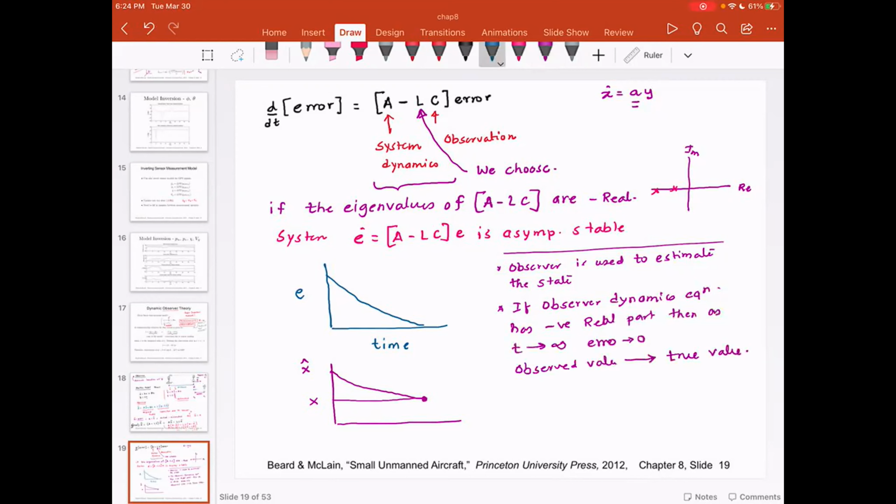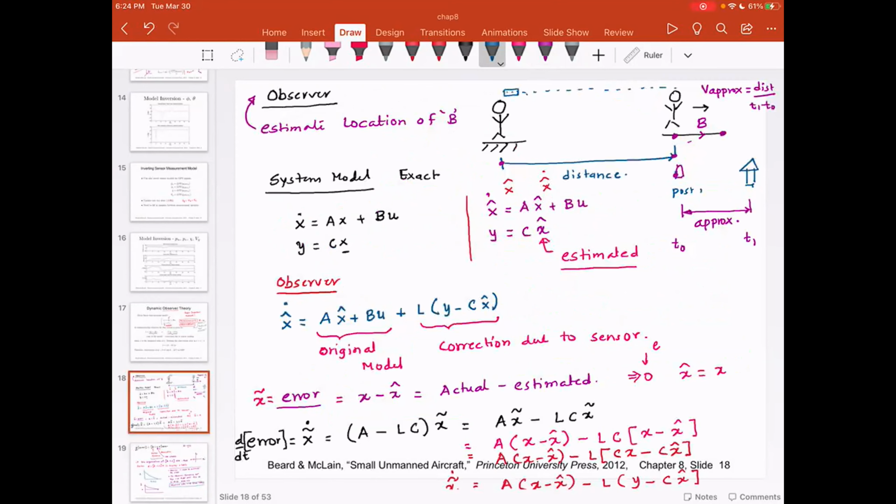And this is the fundamental purpose of an observer. So you have an observer equation, and once again, I will try to explain this.